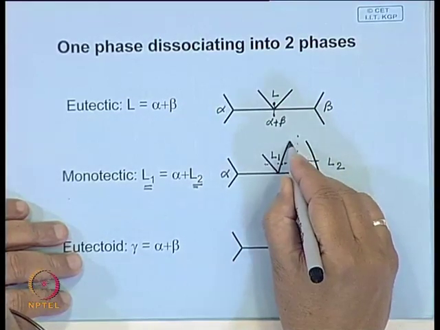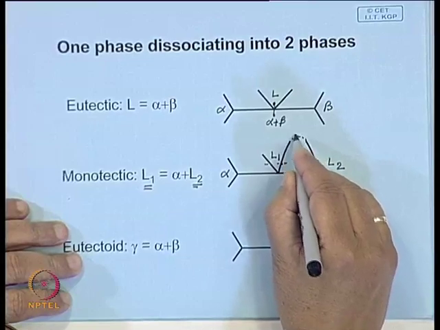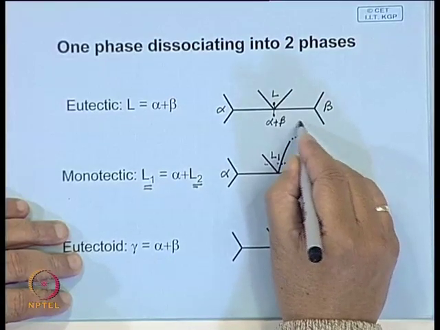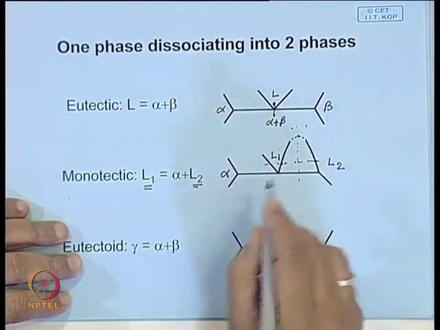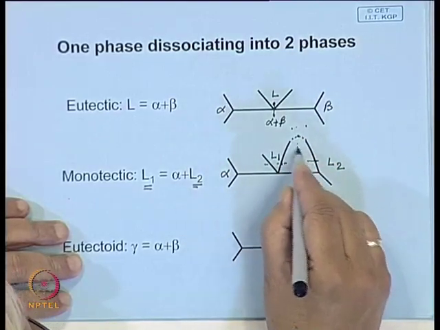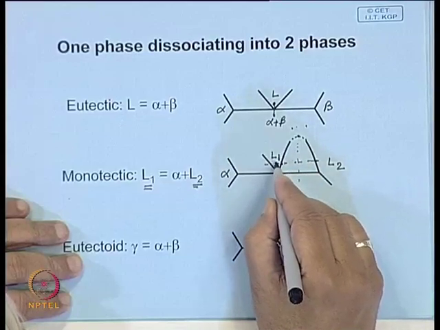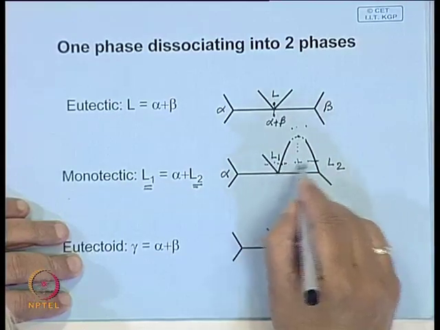If you extend this, at higher temperature the chance of miscibility is higher. So, here they are miscible. If you go down in temperature, there is a miscibility gap, it dissociates into two liquids L1 and L2.